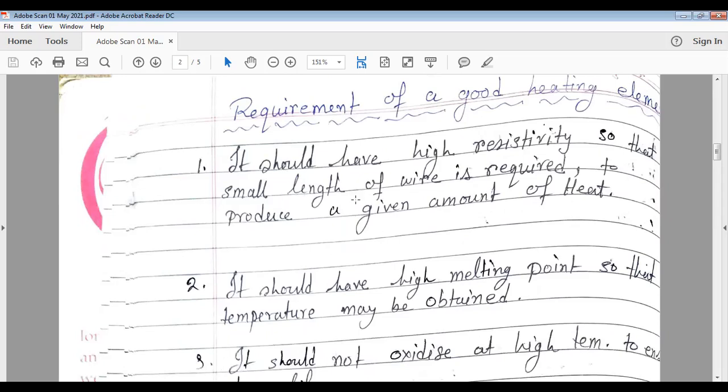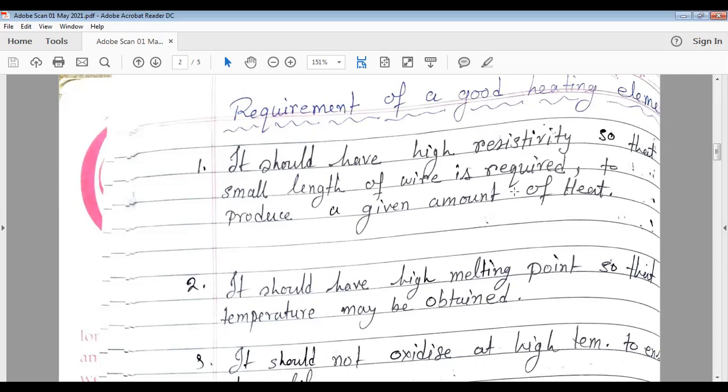Now, the first point: it should have high resistivity, so that a small length of wire is required to produce a given amount of heat. What does it mean? It means if you are using copper wire, silver wire, or gold wire, it doesn't produce much heat with respect to nichrome wire.